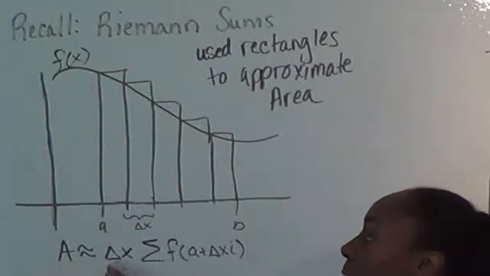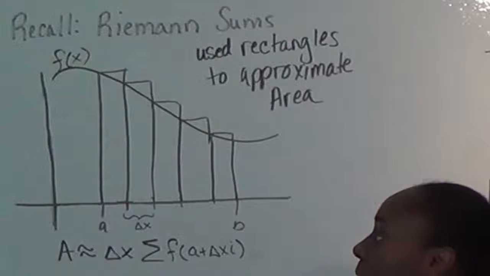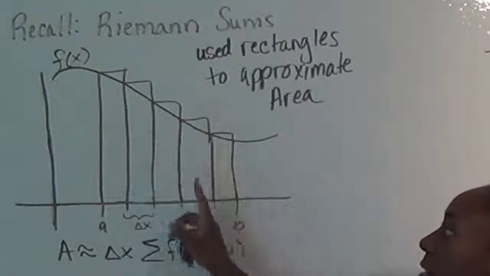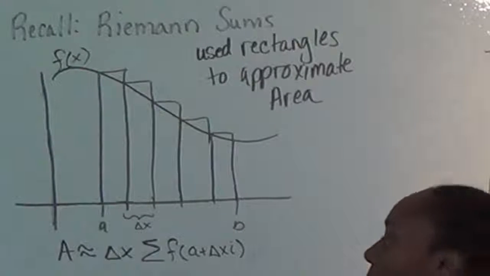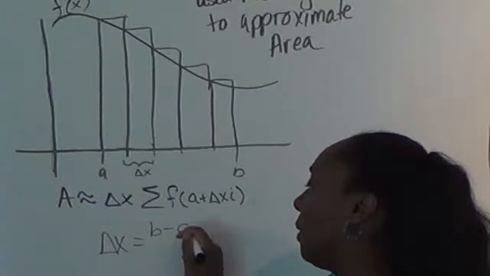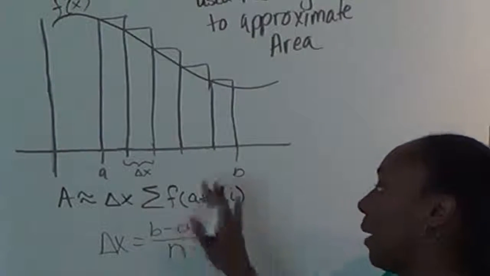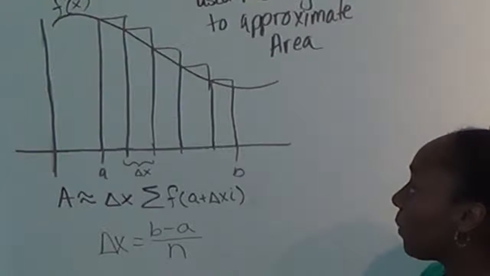We found the values of the function at those points and then used those to create the rectangles. And so our area became the approximation of the width of each rectangle, which was our delta x, times the height of all of them added up. And again, delta x we found by taking the length of the interval divided by the number of subintervals, or the number of rectangles that we wanted to use. Okay.